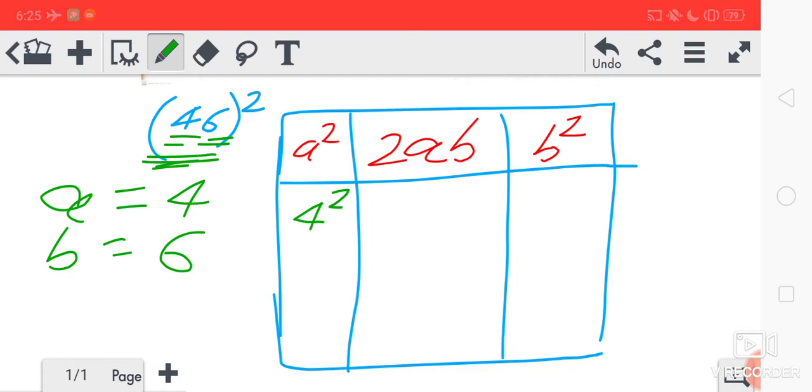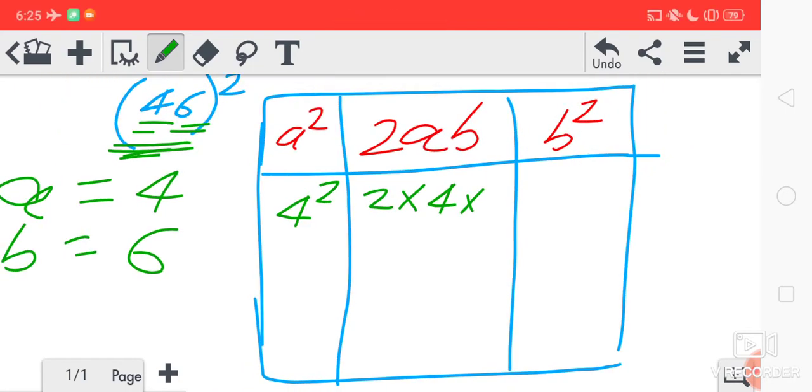Then 2ab, so 2 into a, which is 4, into b, which is 6. Then b square, where b is 6, so we write 6 square.